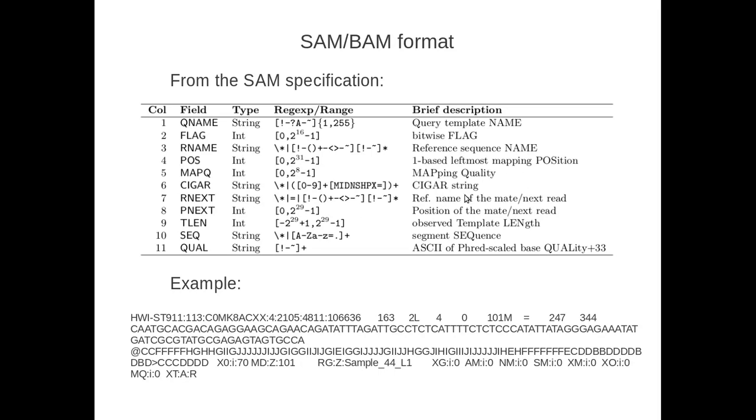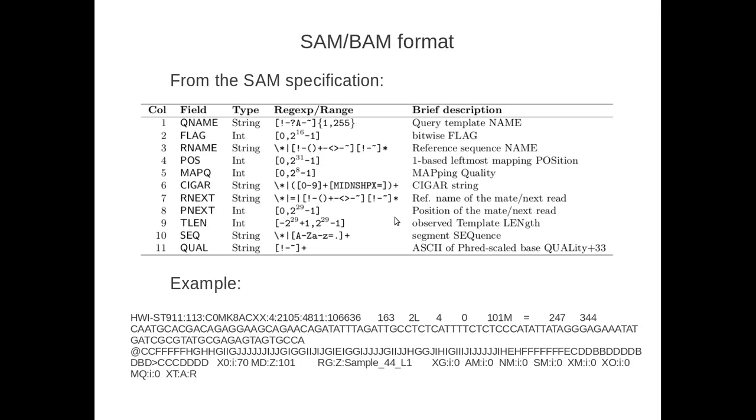But RNext, anyways, is the name of the chromosome or the contig that the paired read, or the mate of the focal read, maps to. The focal read and its mate are named the same, so there's no need to repeat the name of the read here.